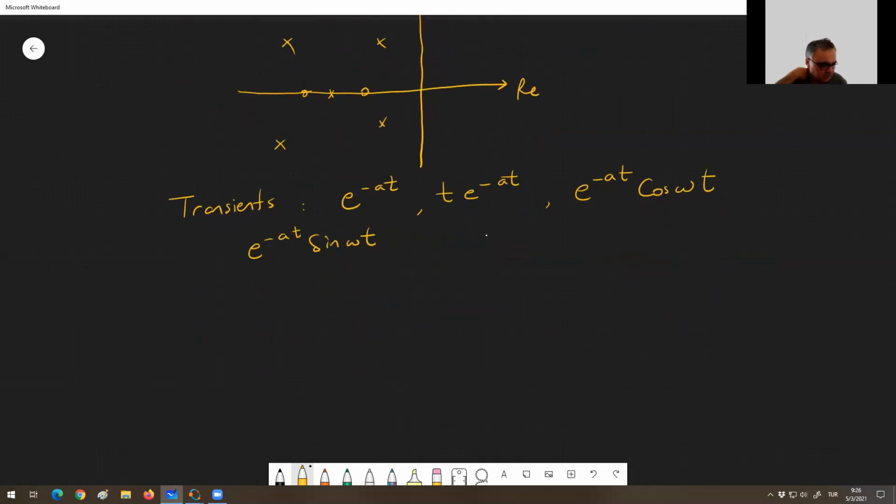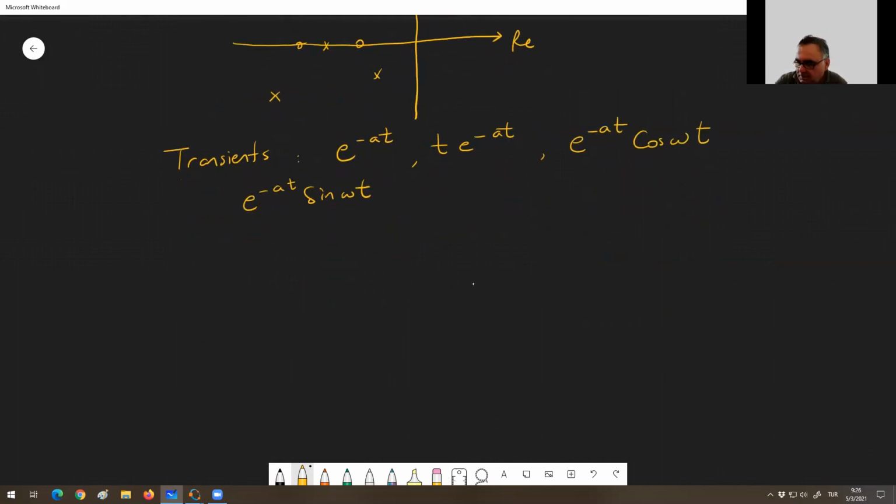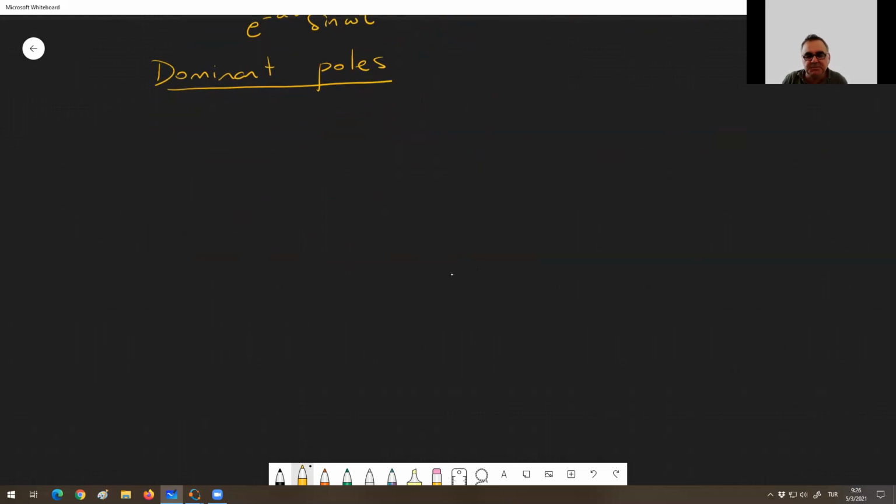But I want to emphasize the following: the dominant poles approach here. In many systems, although you have high order systems, you can represent the system response by its dominant poles. Let's say that you have a system of this kind. This is the real axis, this is the imaginary axis.